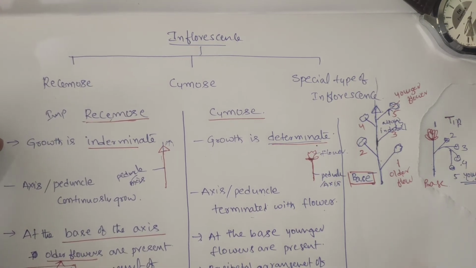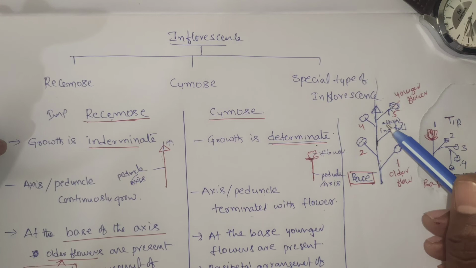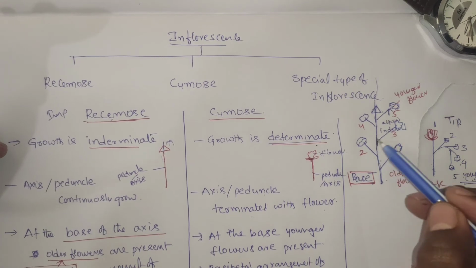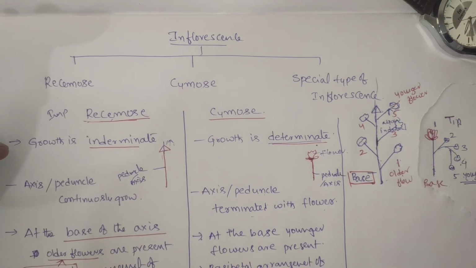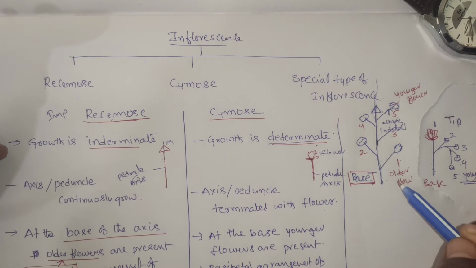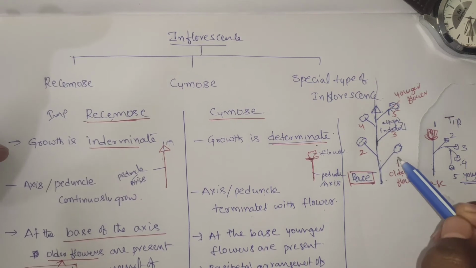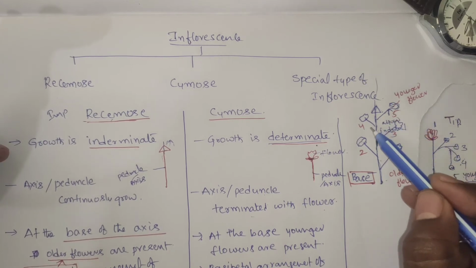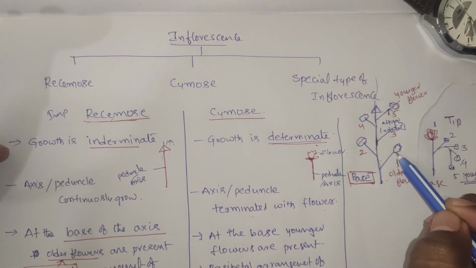And next, among the inflorescence, there are two types of opening. Among these five flowers, which one is the old flower? Flower number 1, it is the first flower. Flower number 5 is the last flower. Among all these flowers, which flower opened first?